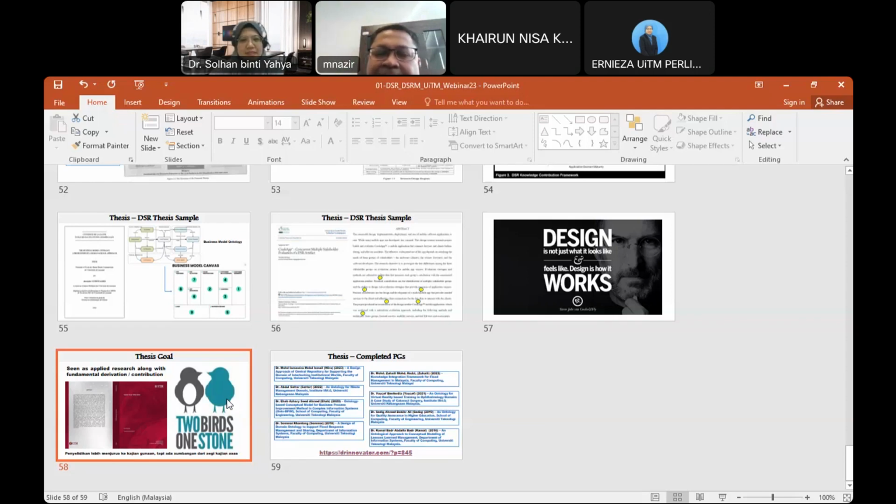Betul. So kita dapat contoh-contoh ni lebih banyak kepada computer science lah kan, ataupun IT lah. Yes, betul. Kalau DSR ini kita nak apply contoh dalam bidang yang berbeza, macam Dr. Sohan dia adalah sains gunaan, saya adalah sains geometrik, land survey. Dr. ini sains survey? Saya dulu buat GIS.